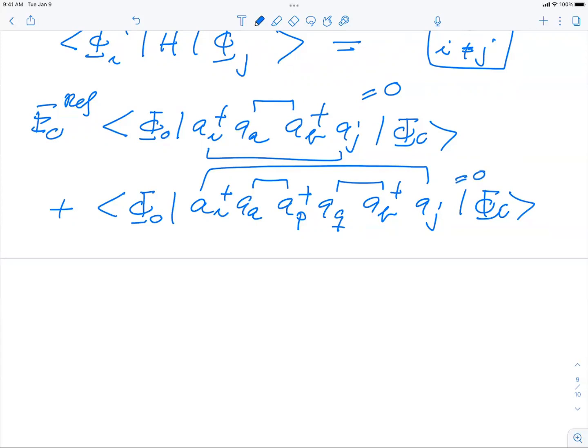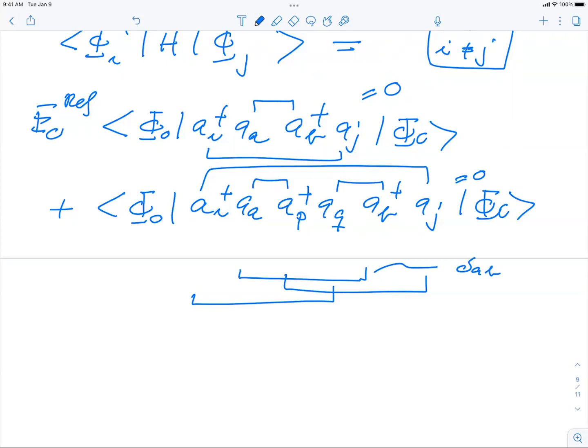So let's look at another possibility. What I could do now is to let a_i go to q here, and then I could let the p go to j. That is also non-zero. But then I'm left with a_a with a_b, which is 0. So this requires delta a b. All the other contractions are actually 0 in this case.